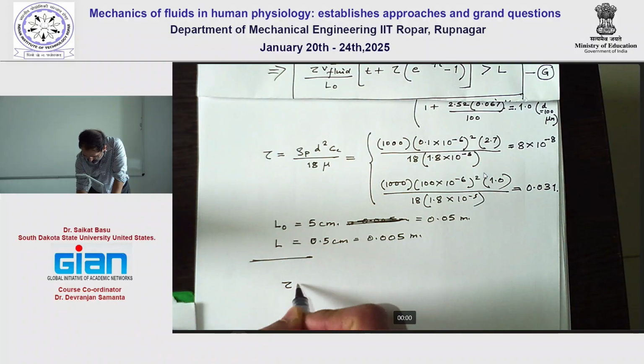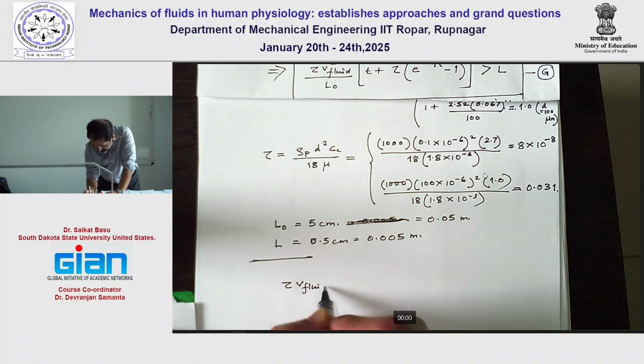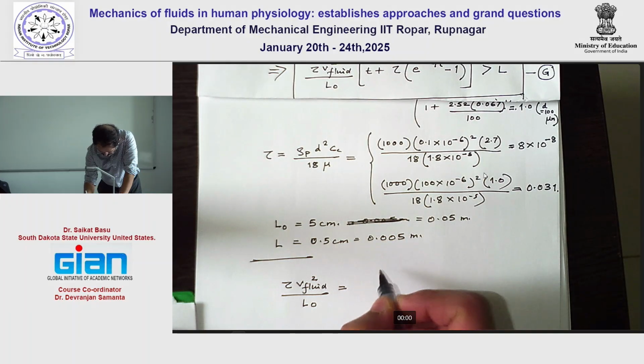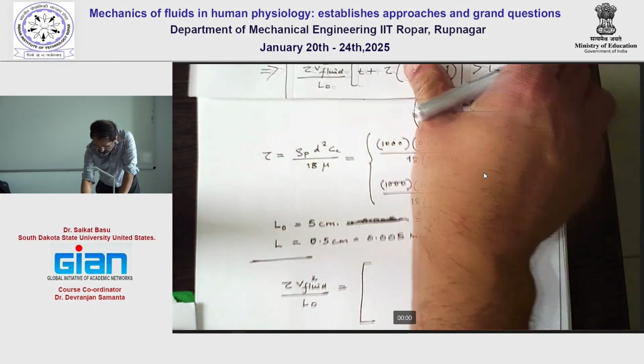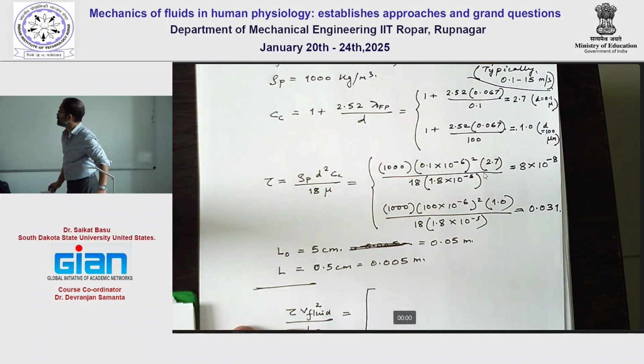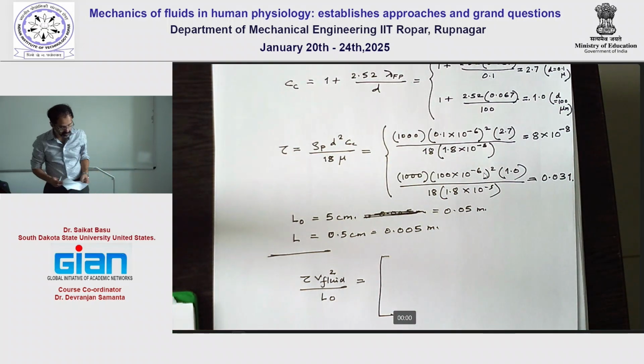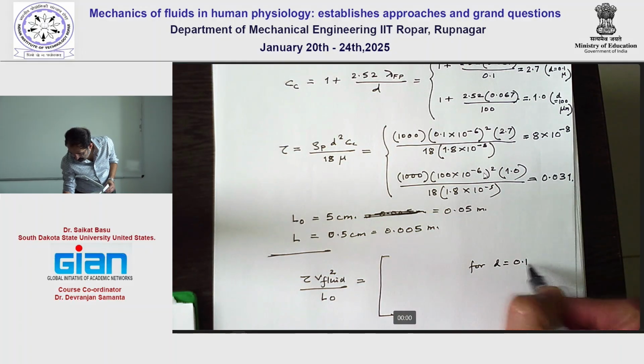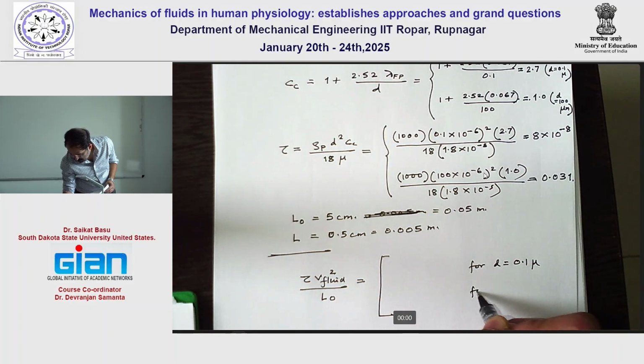So tau v fluid square over L naught is, you have the taus and the v fluids over here. Can you give me the corresponding numbers for d equal to 0.1 micron and d equal to 100 micron?